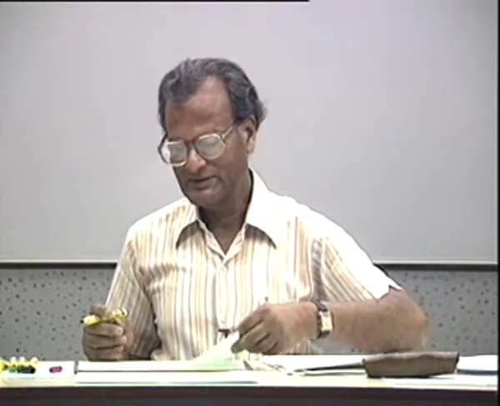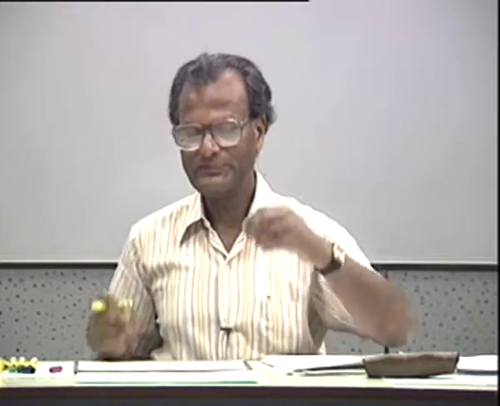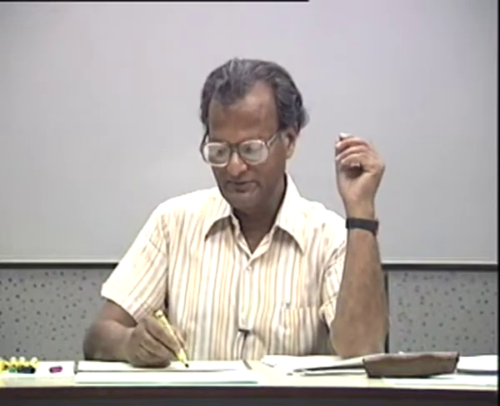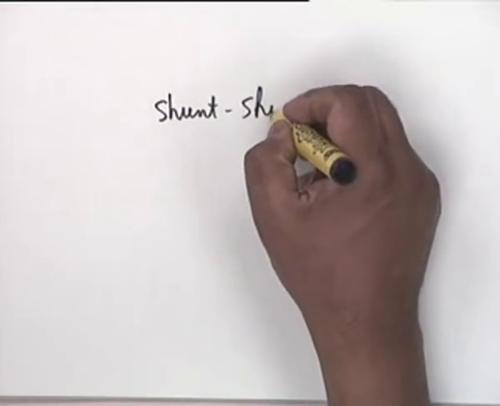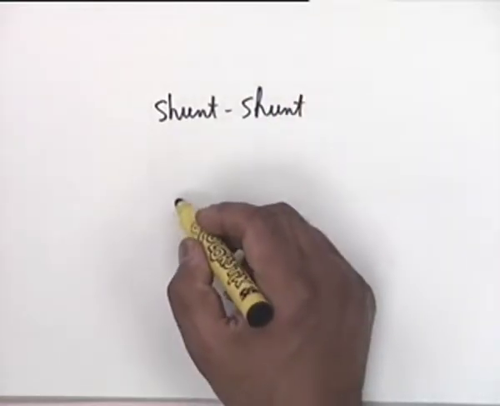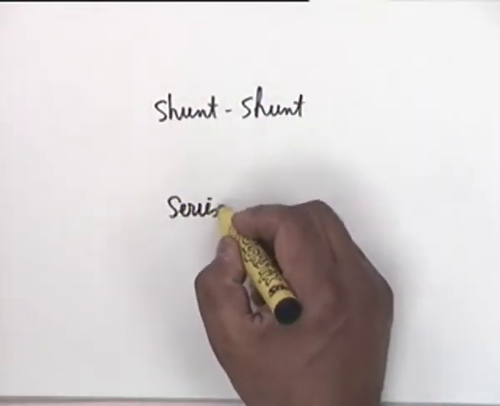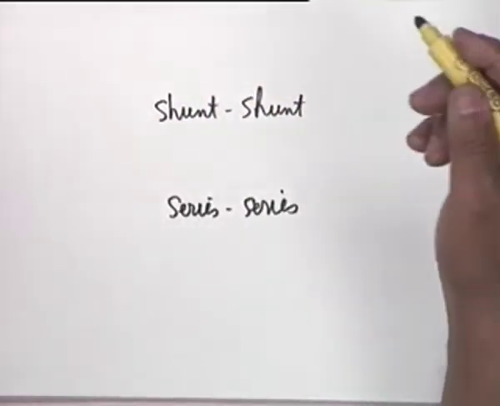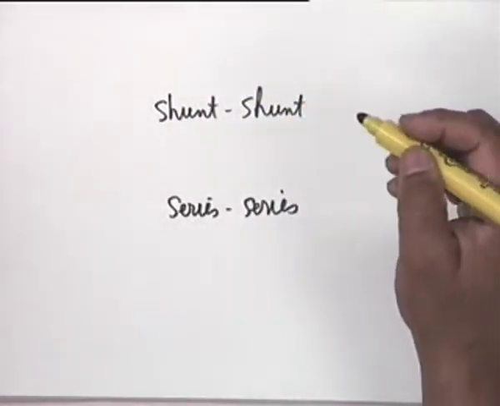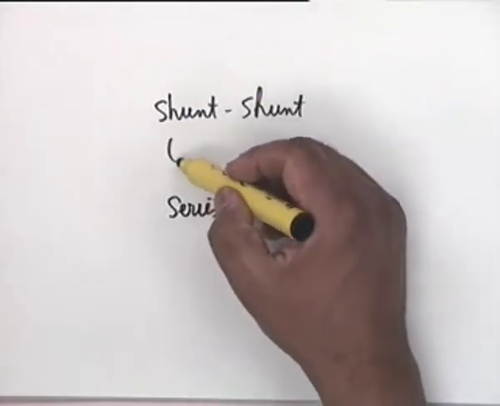Now we have considered these two examples of local feedback. One was shunt, and the other is series. There could be other examples also. Now in shunt, what are the characteristics?